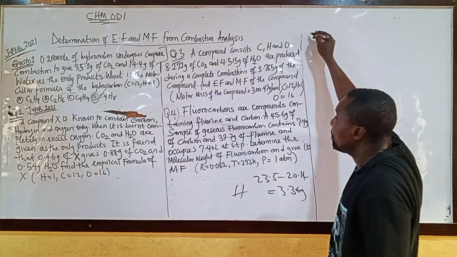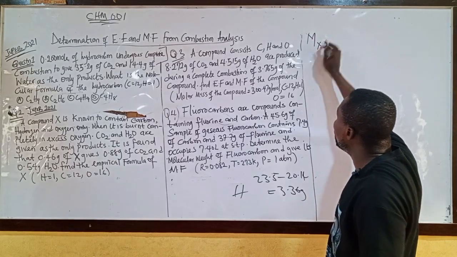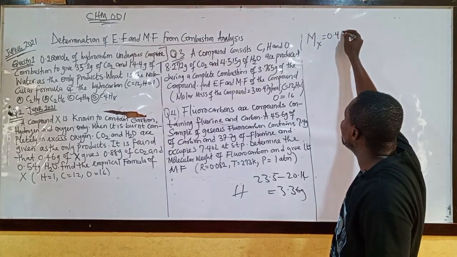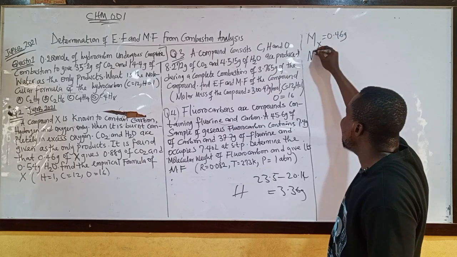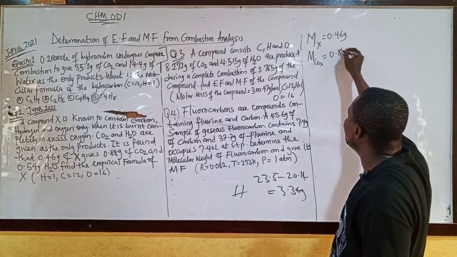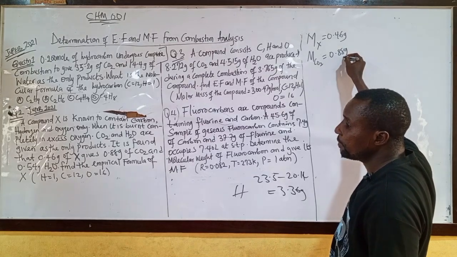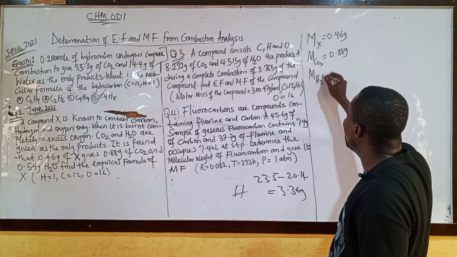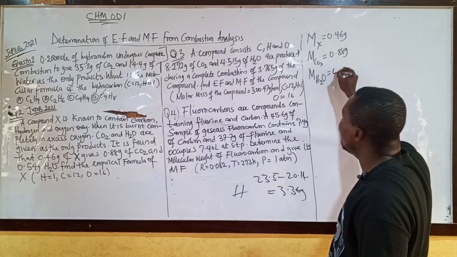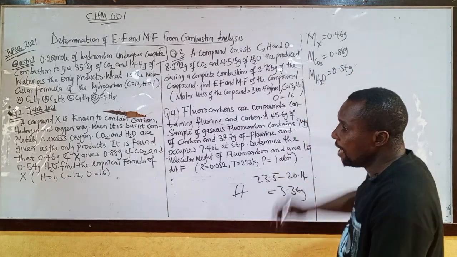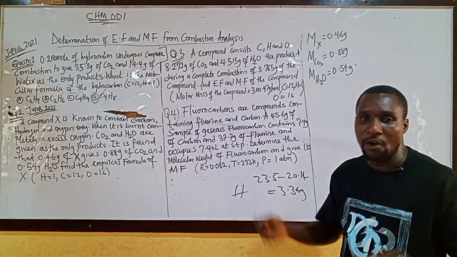That means mass of unknown compound X is given as 0.46 grams. Mass of CO2 is given as 0.88 grams. And mass of H2O is given as 0.54 grams. Then find the empirical formula of X.